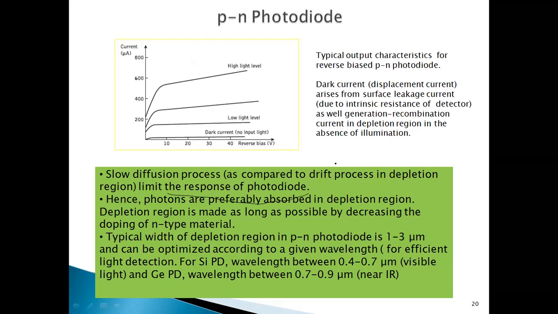All right. We can see that we have a high light level and a low light level. When we have a high light level, it means we have higher photon absorption, and the output photon current produced is higher compared to the low light level.